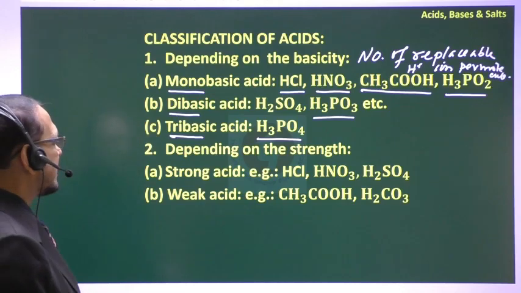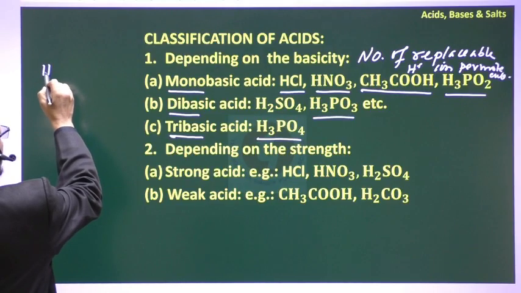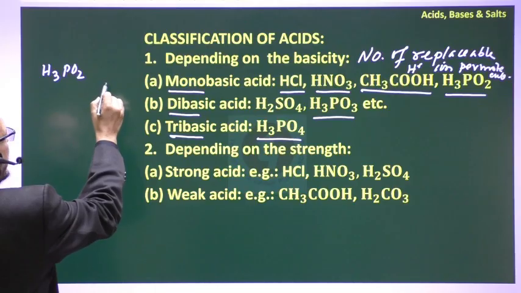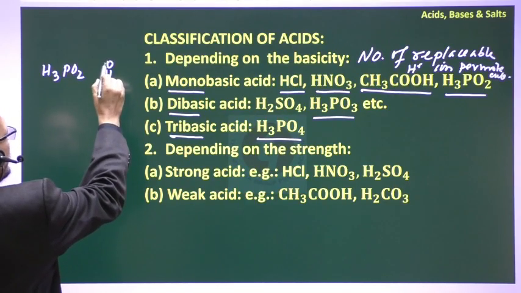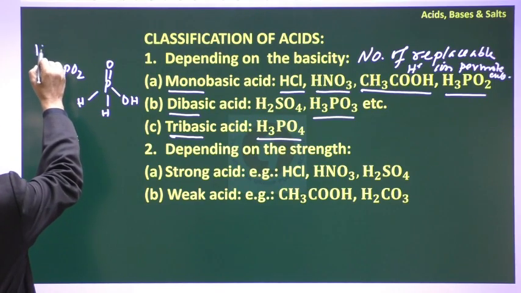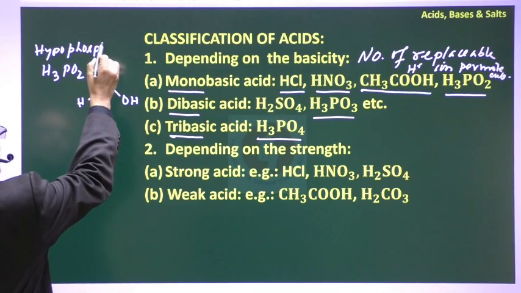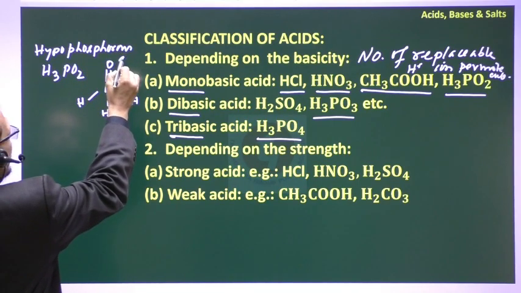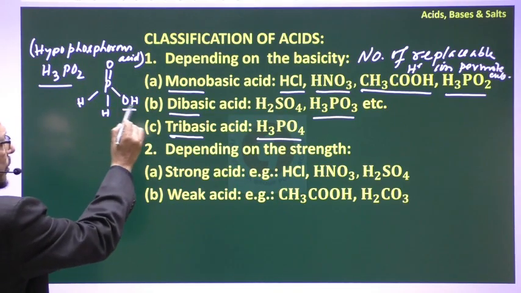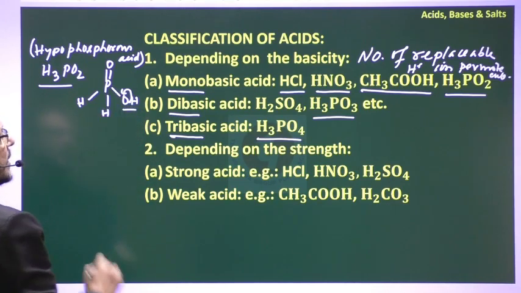Now if I know the structure, then you can explain nicely. H3PO2 is hypophosphorus acid, and its structure is P with OH, H, H. It contains only one OH, and this oxygen is more electronegative, that's why it will give the H plus ion.